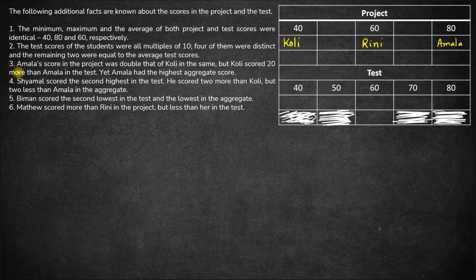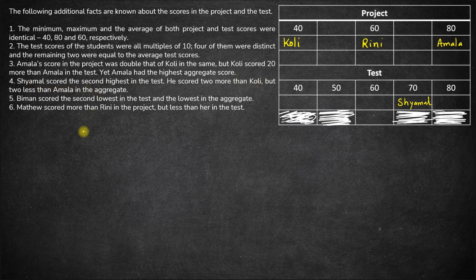Cool. Next point. Amala had the highest aggregate score. Okay, we'll keep this in mind that Amala's score is highest. Aggregate score is highest. Now Shyamal scored the second highest in the test. Okay, so in test the second highest score is 70. So this must be Shyamal. He scored 2 more than Koli but 2 less than Amala in aggregate.